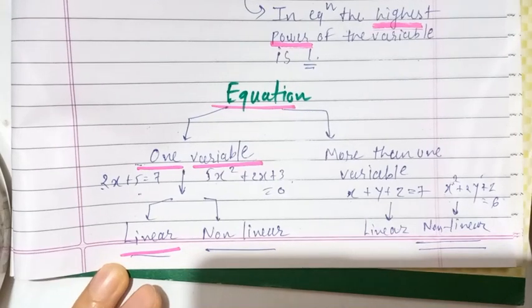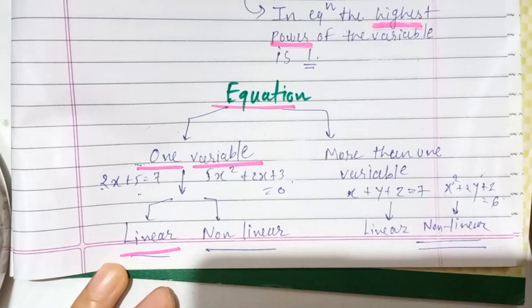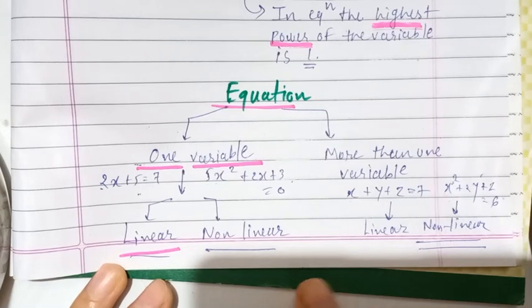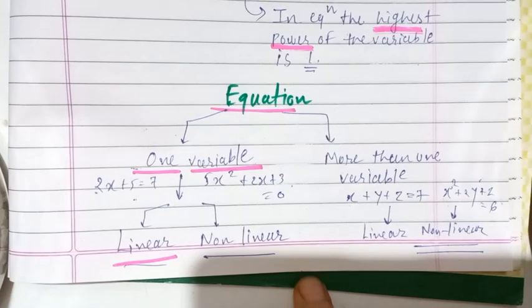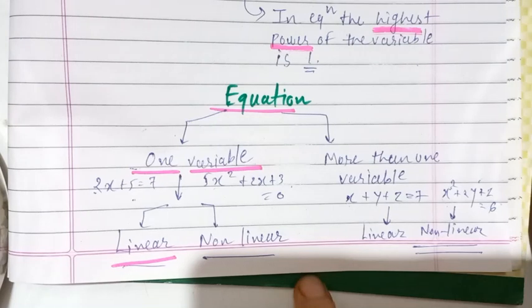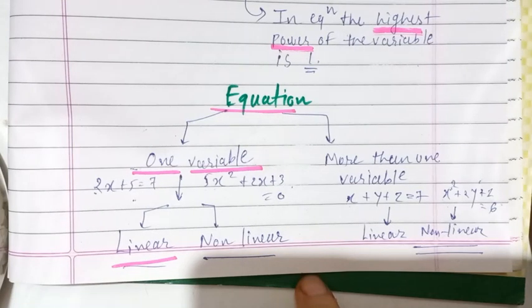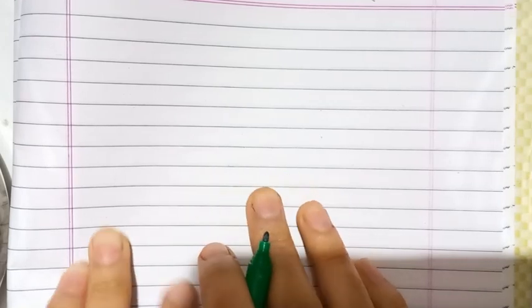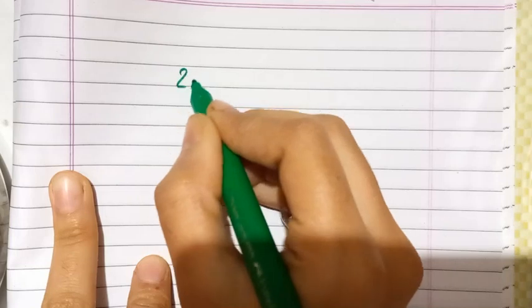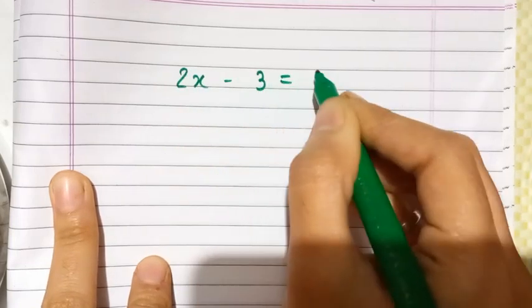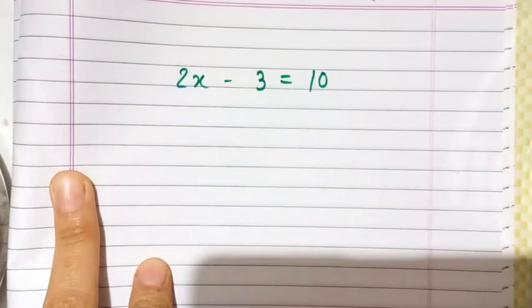Now let's see what a term is, what a coefficient is, and what a constant is in a linear equation. Let's write one equation, but our chapter's name is linear equation in one variable. Let's say 2x minus 3 is equal to 10.